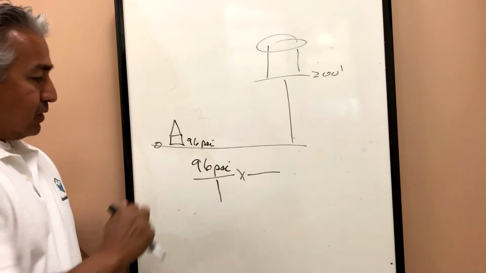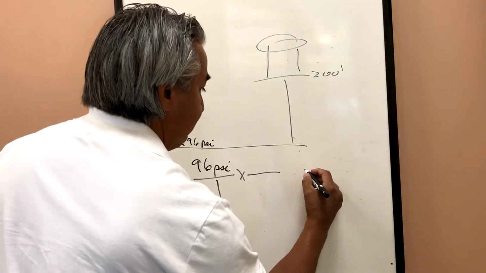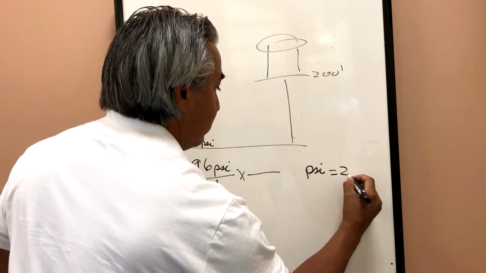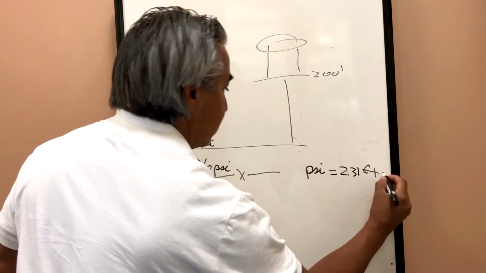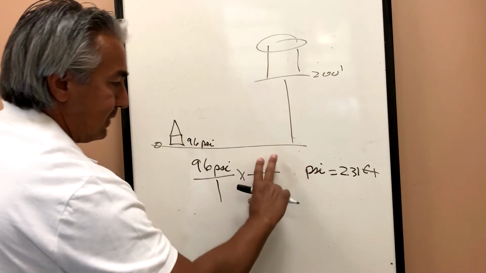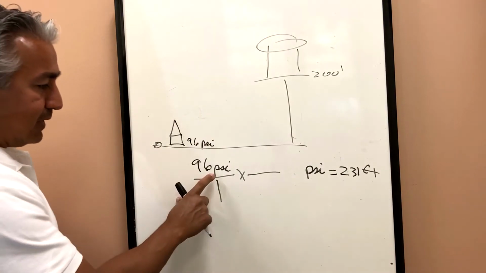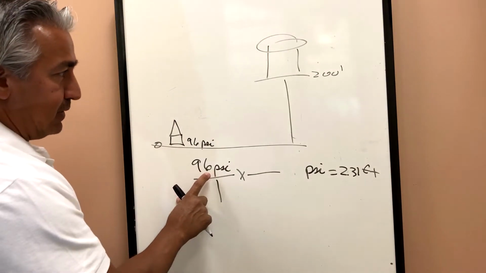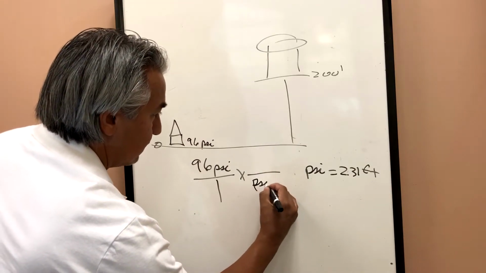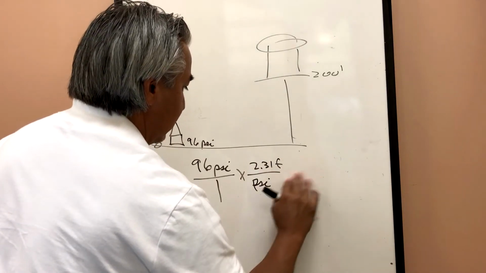So we've turned our whole number into a fraction here, and we should know that for every psi, it's equal to 2.31 feet. So this has to somehow make its way into that. In order to eliminate the psi, so we convert the psi into feet, the psi is going to have to go on the bottom, and the 2.31 feet goes onto the top.